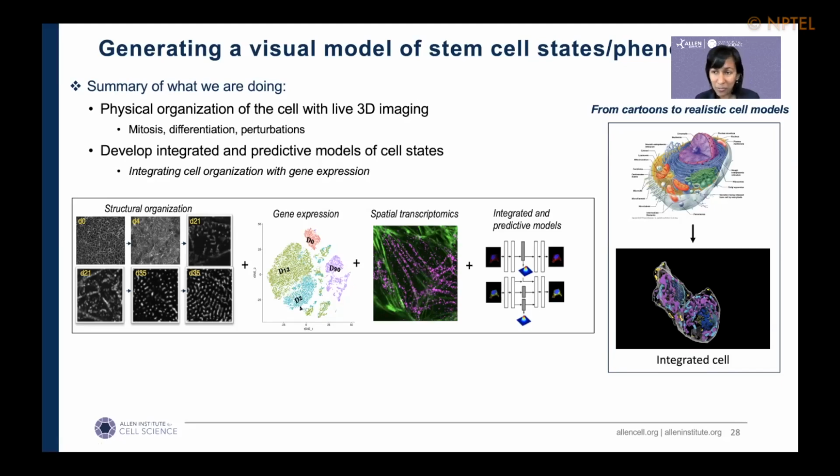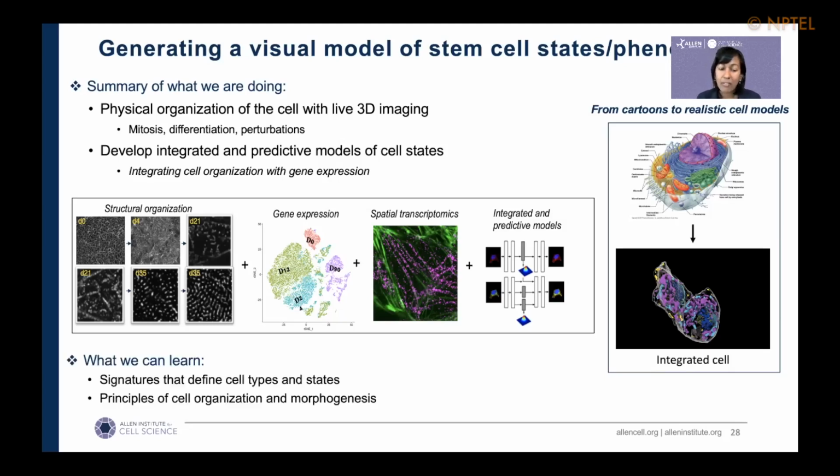I only showed you 2 genes in that study. What if we can do 50 genes, 100 genes? And what if we look at all 50 structures? What are the relationships we can build? And can we, using that information on thousands and thousands of cells, be able to predict what a cell might do in the future?